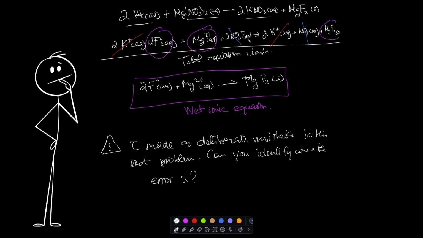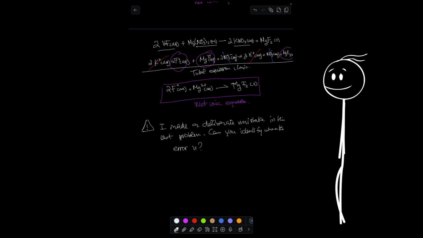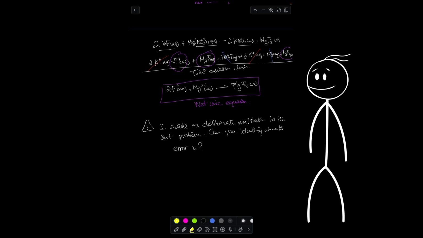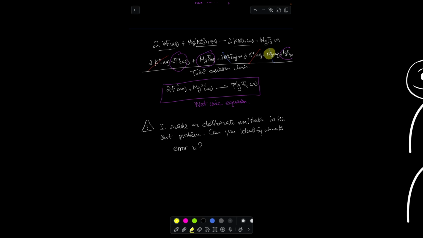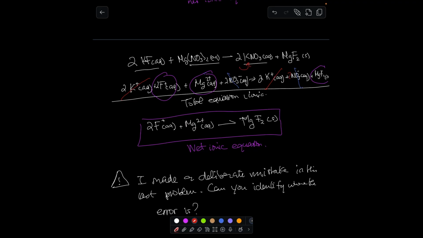Pause the video and see if you can figure it out. That's right. Good job. You saw that actually right here, because I have a 2, it should have been 2 NO3 minus, right? Because the 2 not only applies to the potassium, but also to the NO3. Good job.